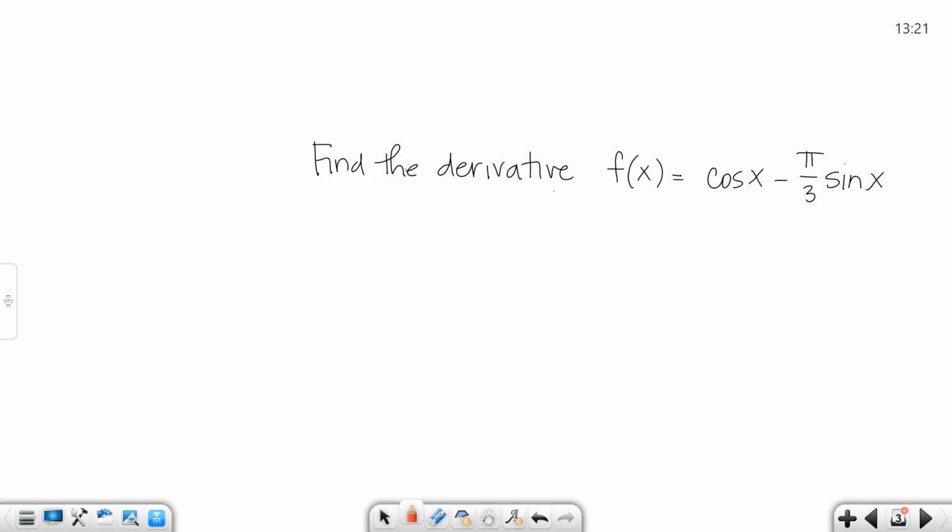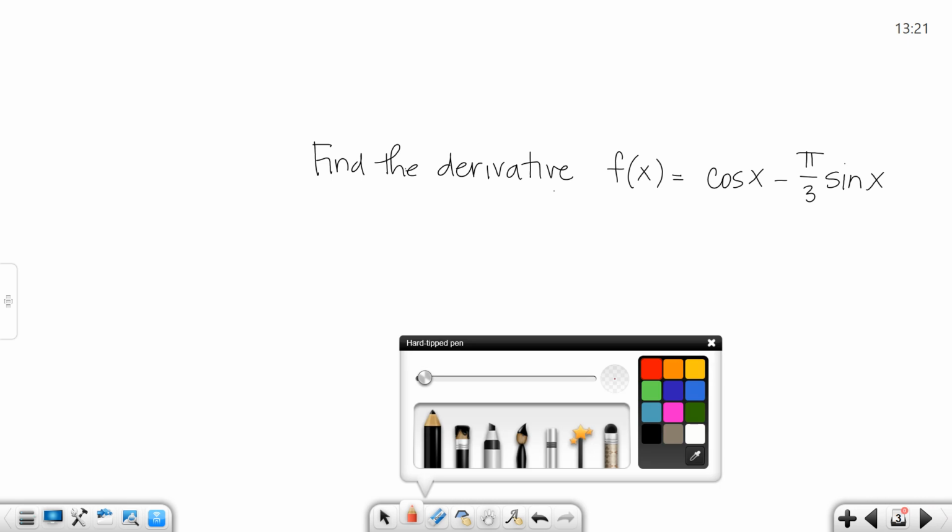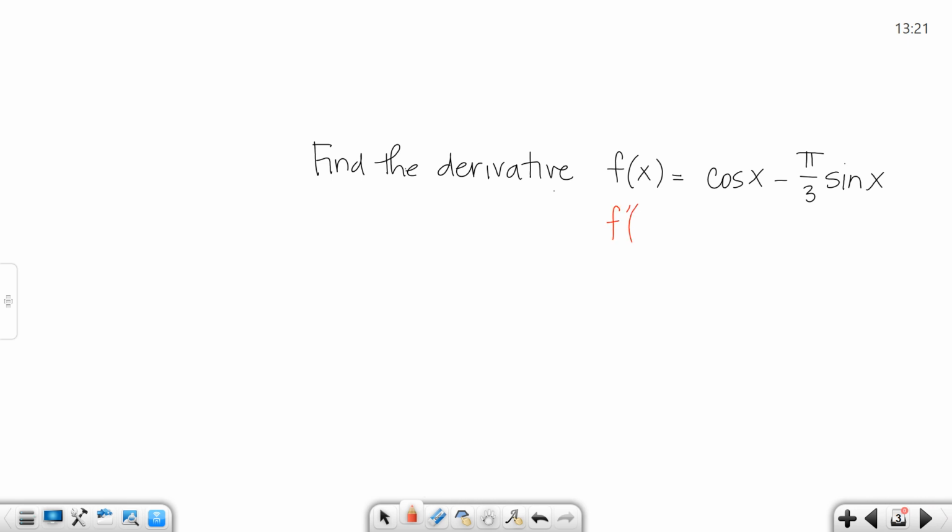Okay, let's try another one. The next one you have is cosine of x minus pi over 3 sine of x. Again, the pi over 3 is just a coefficient, a regular number. You could actually divide it out and put a decimal in there if you wanted to. When you're taking this derivative, you can take the derivative of the pieces.